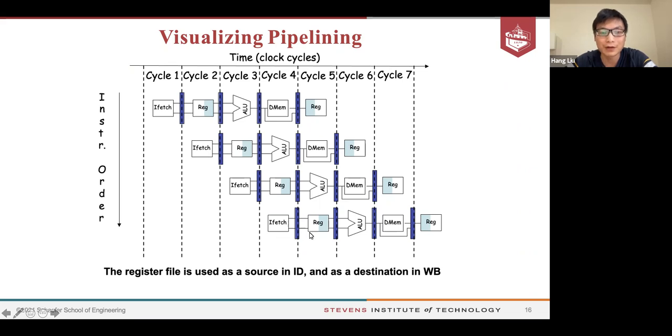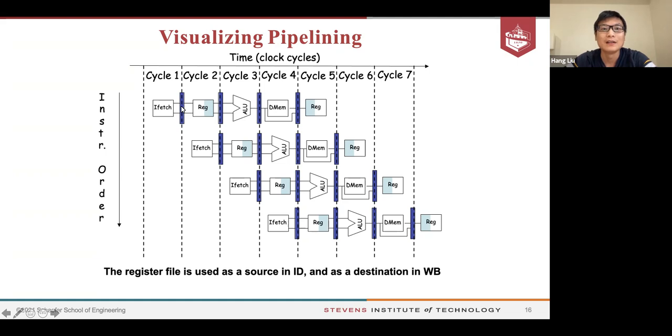So assuming we have 4 instructions, every cycle we submit one instruction. Cycle 1, we submitted this instruction. Cycle 2, we submit this one. Cycle 3, we submit this one. Cycle 4, we submit this instruction.